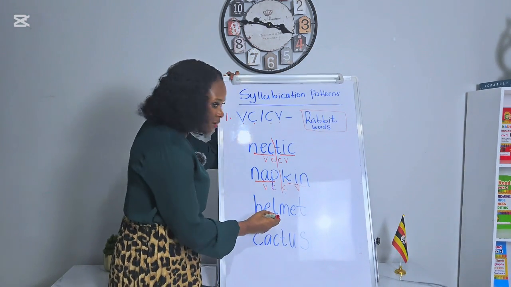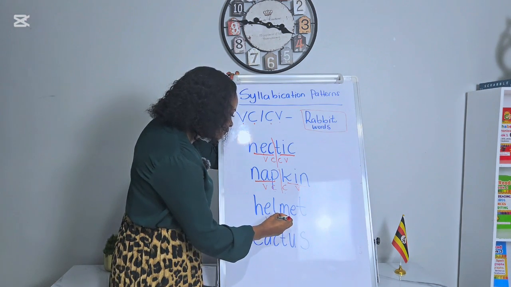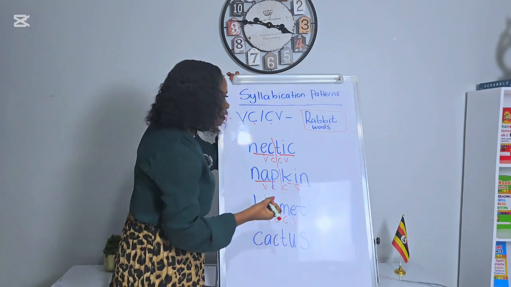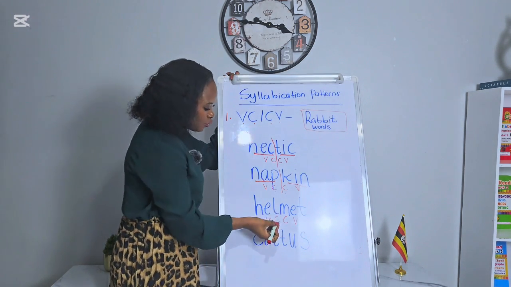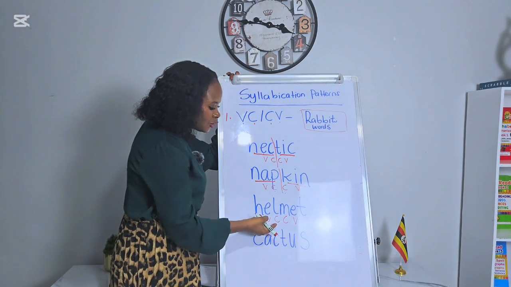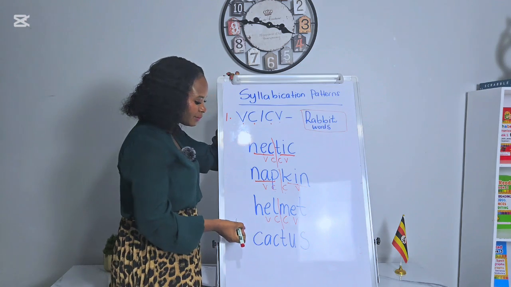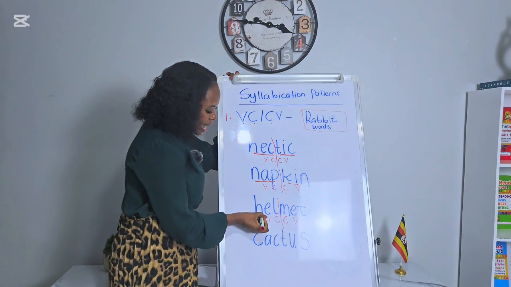Identify your first vowel. Yes, it's here. Mark it with the V. Consonant, consonant, vowel. What does the rule tell us with the rabbit words? Split between two consonants. Do you see the two consonants? Yes, split between those two. Okay, now read the first part, sounding out with me.